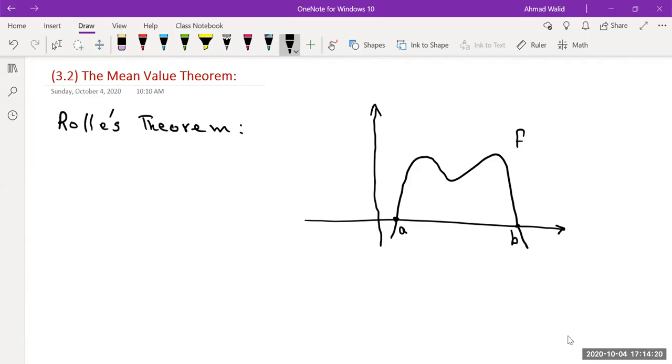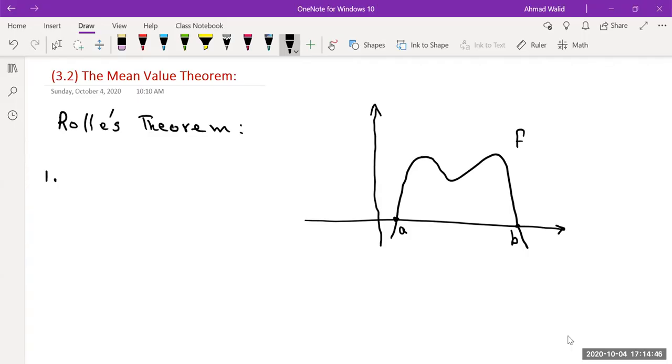Rolle's theorem says, number one, if your function is continuous on a closed interval AB. This is a closed interval AB, and if your function is continuous, it means there is no gap and no discontinuity there. There is no hole there. This function is continuous, correct?